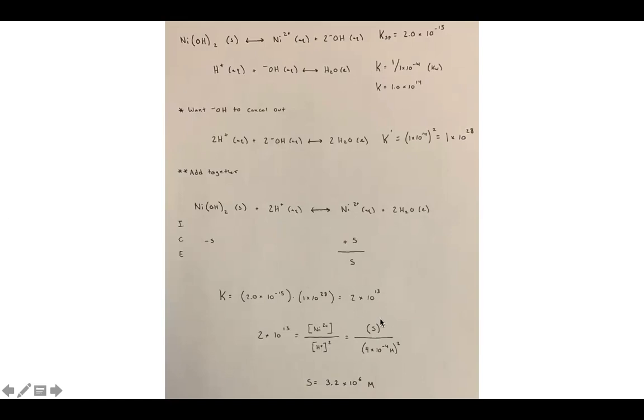And so what we do here, we're going to plug in S for our nickel concentration, and for our hydrogen concentration, which comes from hydrochloric acid, it was 0.4 millimolar, which is equal to 4 times 10 to the negative 4th molar. Okay, so I plug in that value, I square it, and again, we solve for S, which comes to an absolutely insanely high number, 3.2 times 10 to the 6th molar.